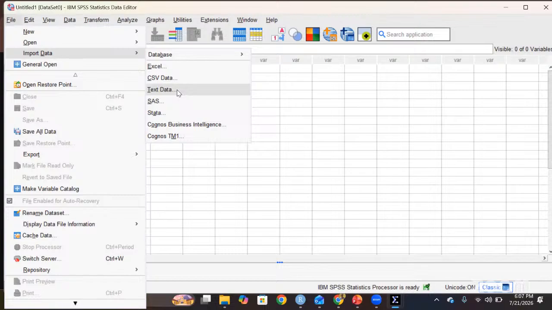So we can decide to export our data in a CSV format or a text format, or a Stata format, or a SAS format. All of these are different data types, right? And they have different properties.